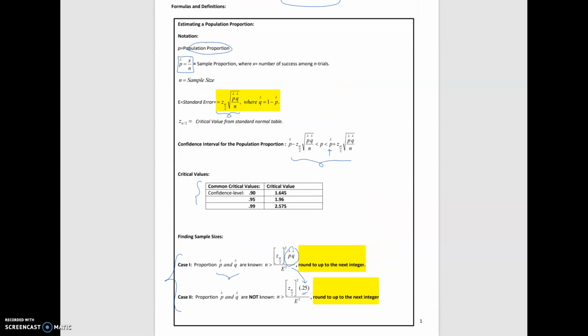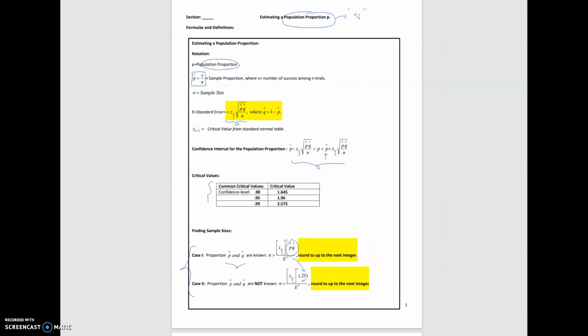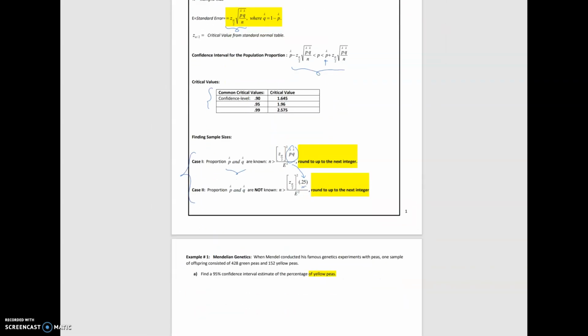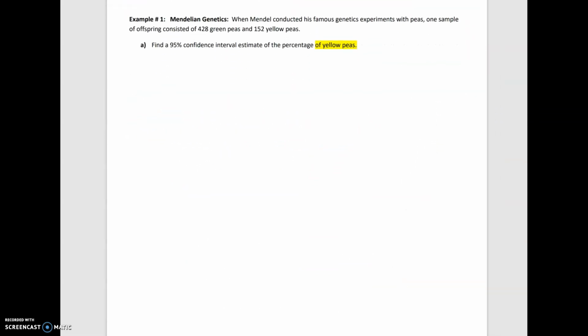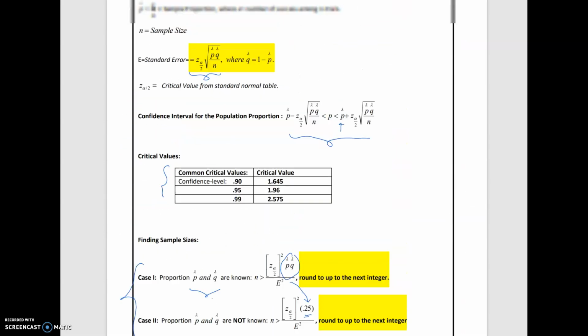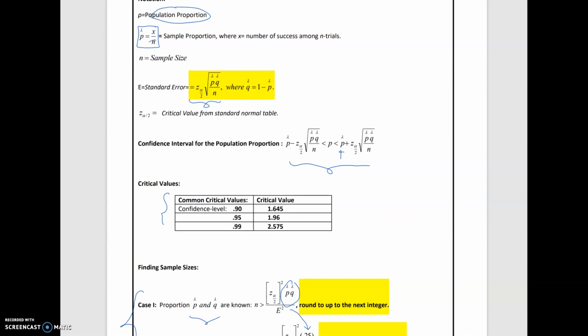Now, it looks a little bit confusing in terms of all the formulas, but they're actually very simple. For instance, let's take a look at the first example. Take a second and read it. And we're looking at a total of two items. So the first step is to determine the value of n.